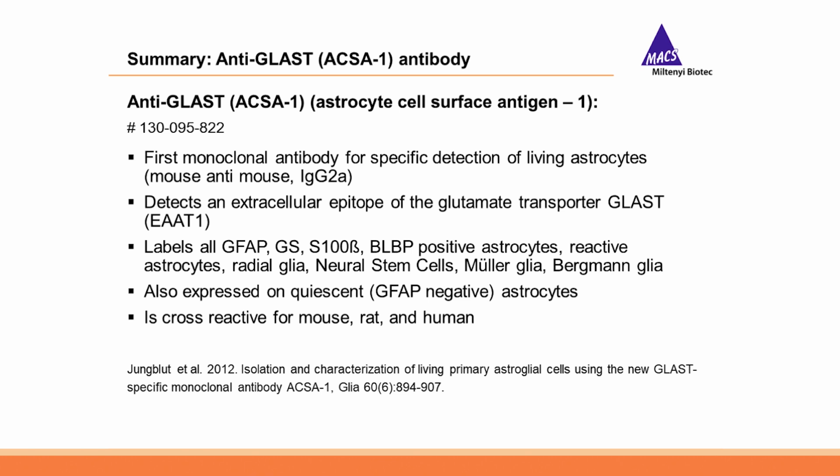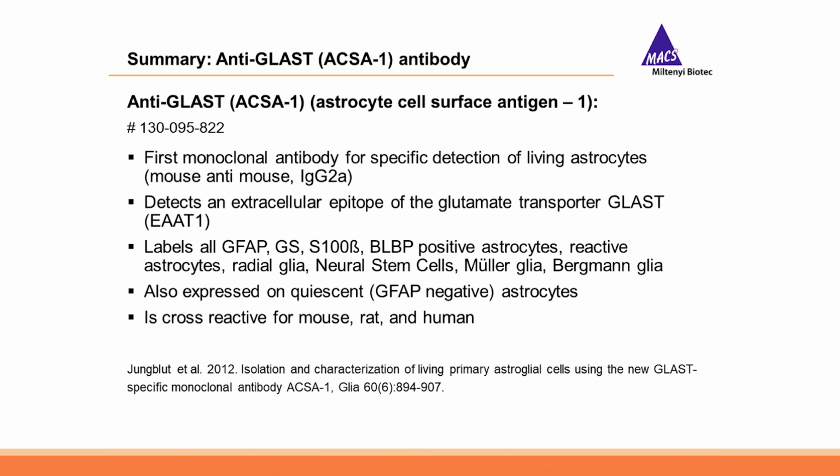We showed you that it labels all GFAP, GS, S100 beta, BLBP positive astrocytes. It also labels reactive astrocytes, radial glia, the neural stem cells, also the Müller glia in the retina and the Bergmann glia. So it's a very broad astrocyte marker. It's also expressed by quiescent, so GFAP negative astrocytes, and it's cross-reactive for mouse, rat, and human.